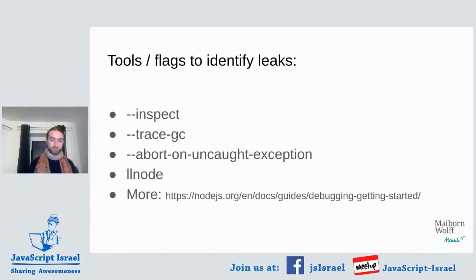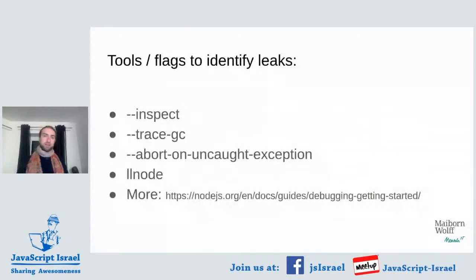A heap snapshot is, at some point in time, a concrete snapshot of all allocated memory in your application. And now you're able to look through what is in there. With the inspector and the DevTools, you're able to compare those to see what was added from your first heap snapshot to the second.